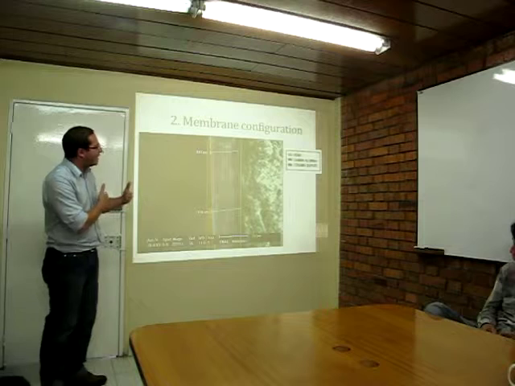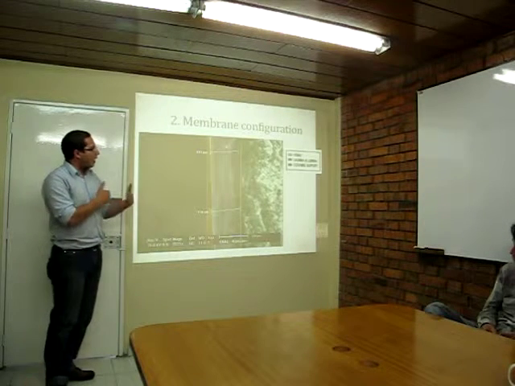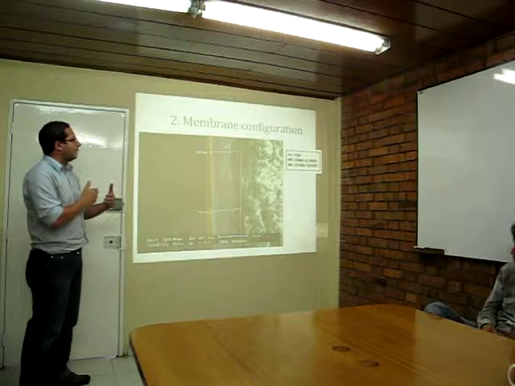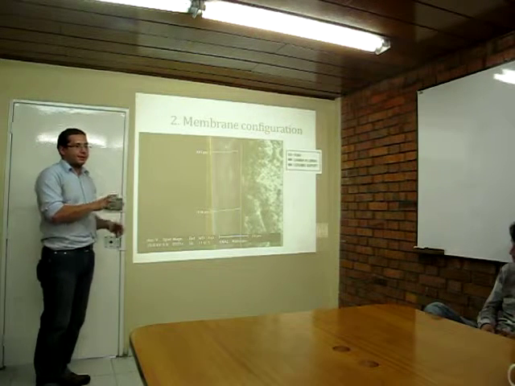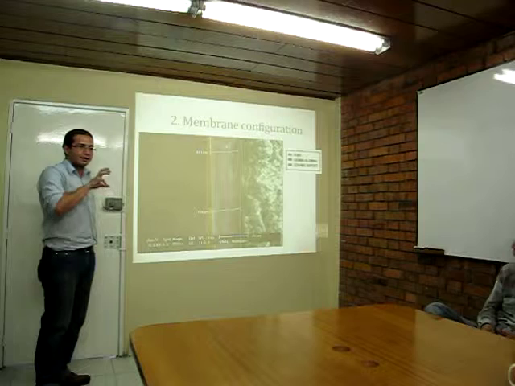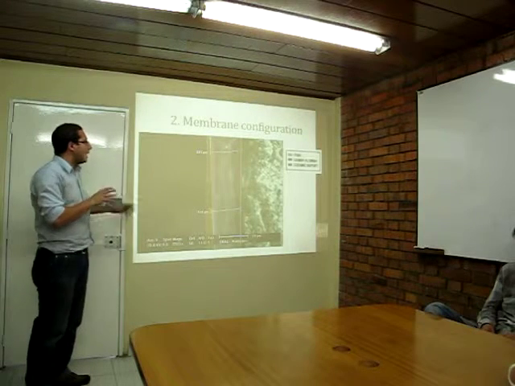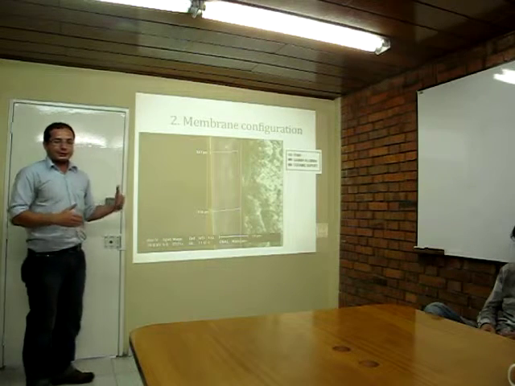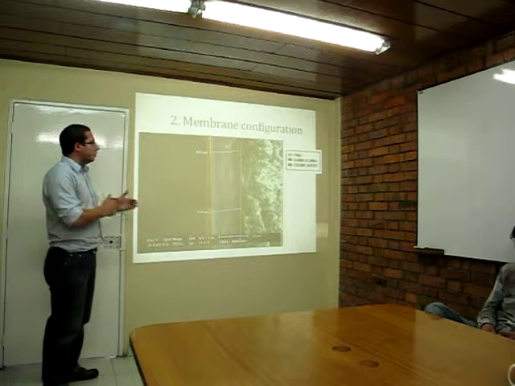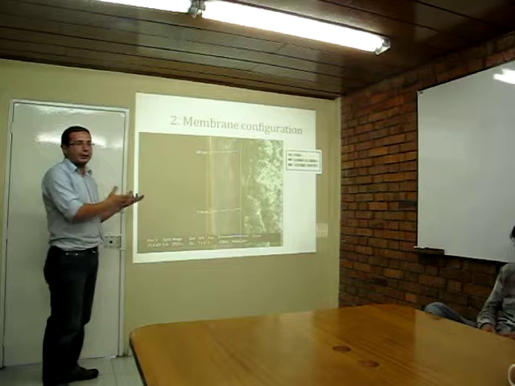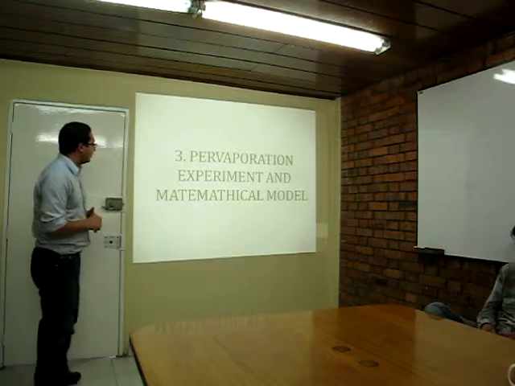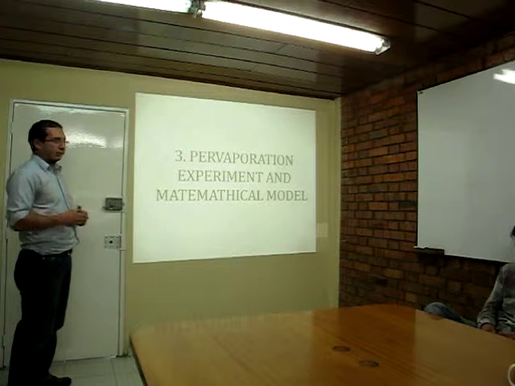Over the ceramic support we put a gamma alumina support. This layer gives strength, mechanical resistance. And finally, the PDMS layer allows the separation of the ethanol and water.